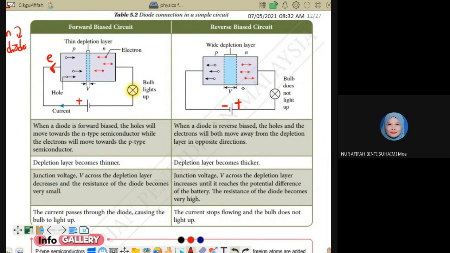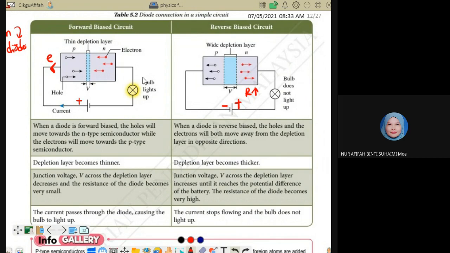So voltage increases, the resistance also increases, making the current unable to flow. Resistance increases because of the voltage increase here, the current cannot flow lah. The bulb will not light up. Boleh? The difference between forward bias circuit and reverse bias circuit.